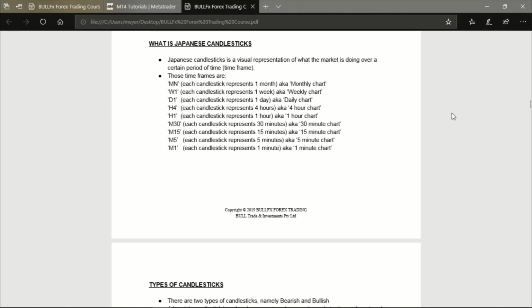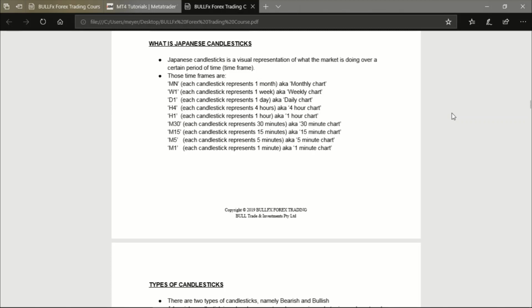So when you have a chart in front of you that shows a currency pair and a whole lot of different green and red bars, there are all the different candlesticks in front of you. When you are on a monthly chart, one candlestick represents what happened over 1 month.